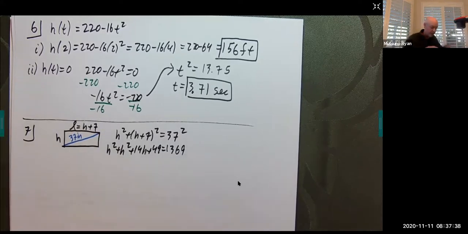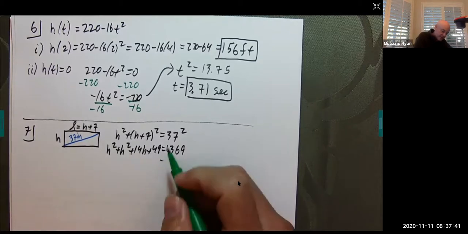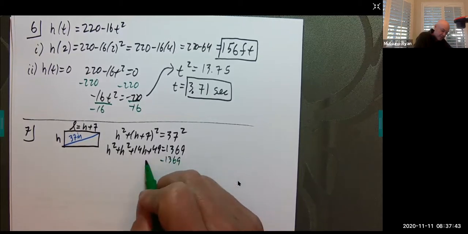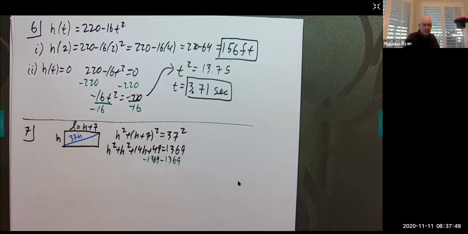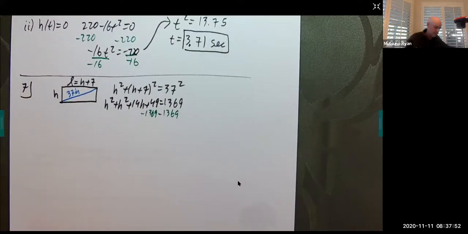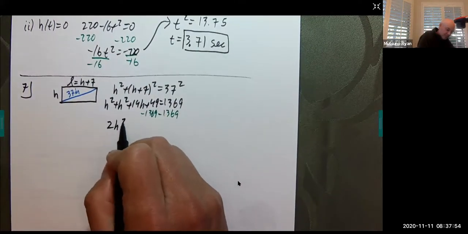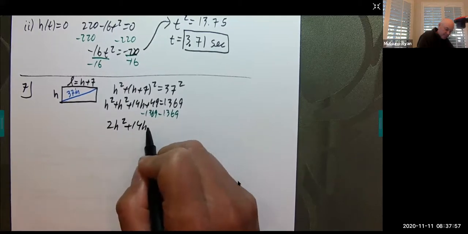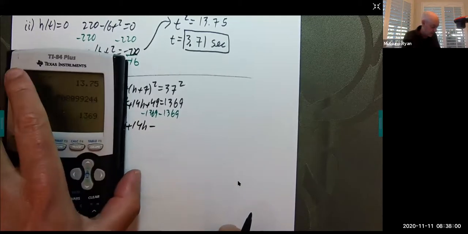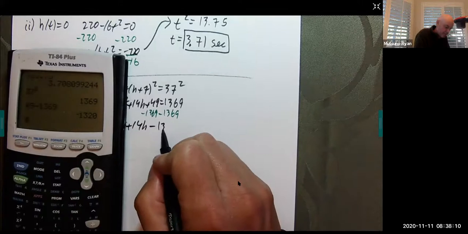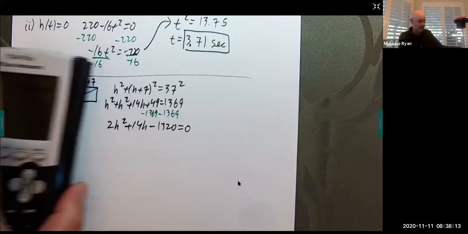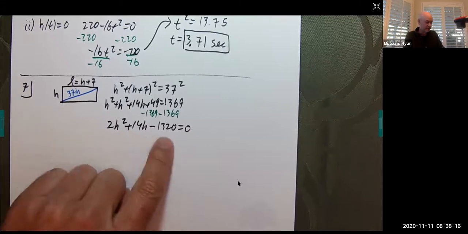And you can see that I have a quadratic here. So I'm going to get it equal to 0. So I'm going to move this over, and I'm going to combine that up all in one step. 2h squared plus 14h plus 49 minus 1369. And I'm going to notice that they're all even, 2, 14, negative 1320.